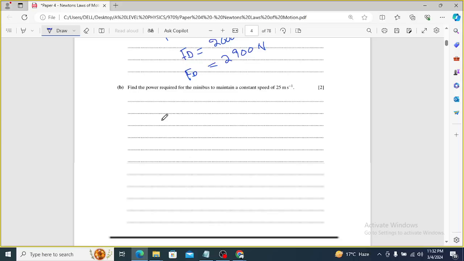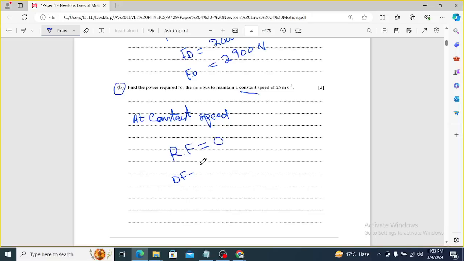The resultant force is always equal to 0. So the resultant force can be obtained, the driving force minus frictional force, and this is equal to 0.